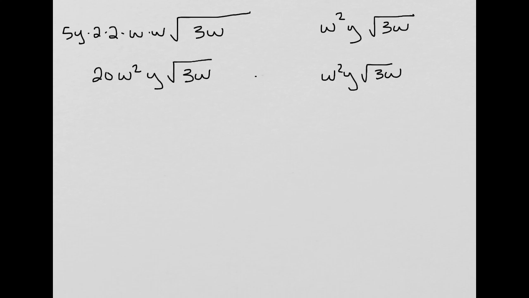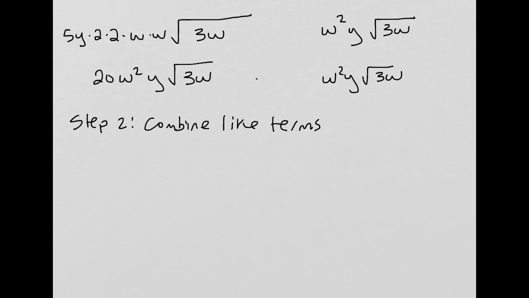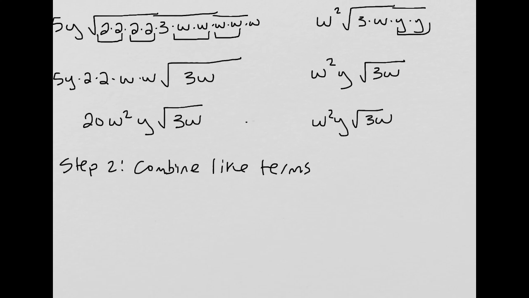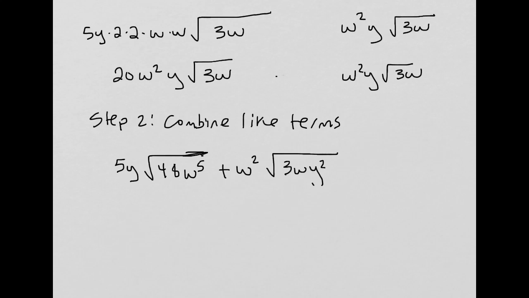Step 2 then is I want to combine any like terms. So let's go back to the original expression. And remember that originally what we had was this plus this. So in the first step, what we did was we took this guy and that simplified down to this thing.